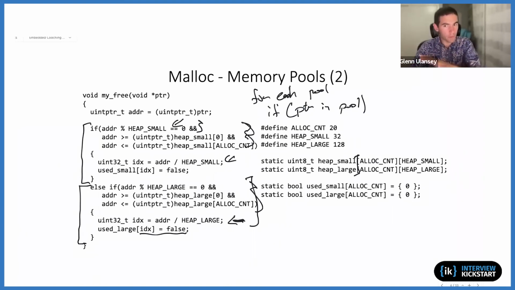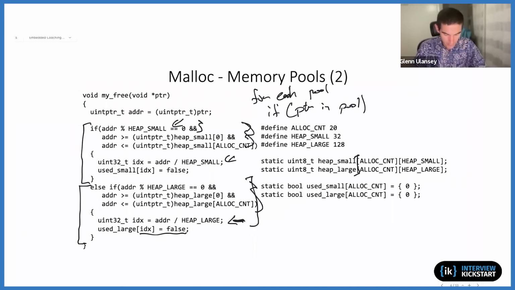It's not the only way, but it might be the most common way, both in the context of an interview and in the context of real life, to implement a memory pool system. It is possible, and there's not necessarily anything wrong about it, to implement memory pools that are created on the fly.